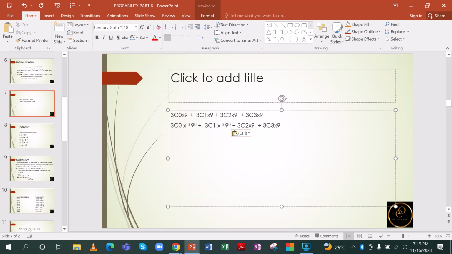Okay. So this one here, the power of x will reduce by 1, so it will be 2, and this one will rise by 1. There will be 1 here. Are we following? Yes, sir. Then the next one will have this one.